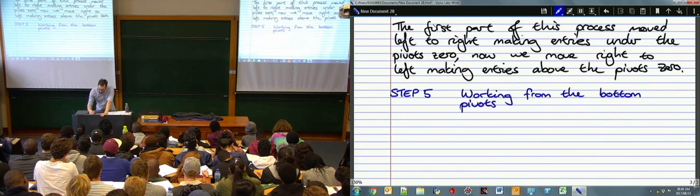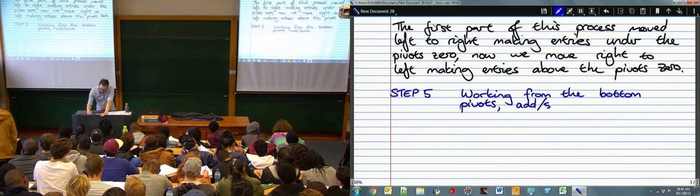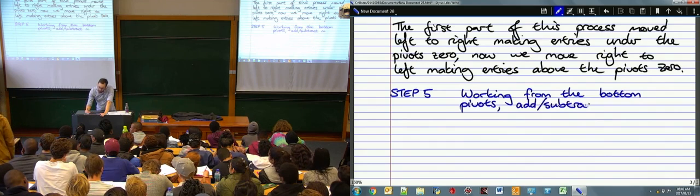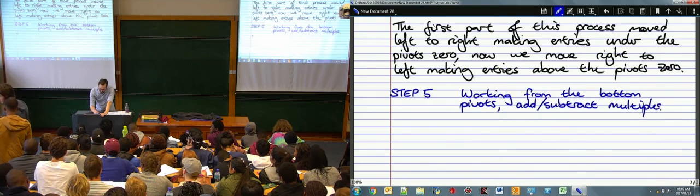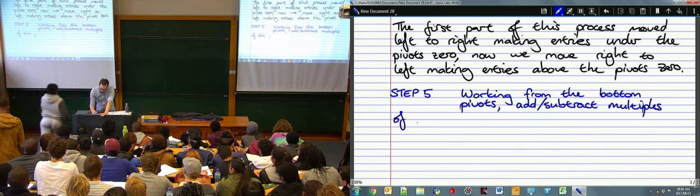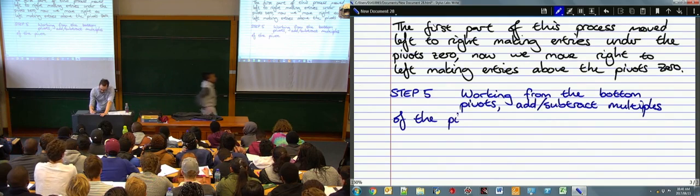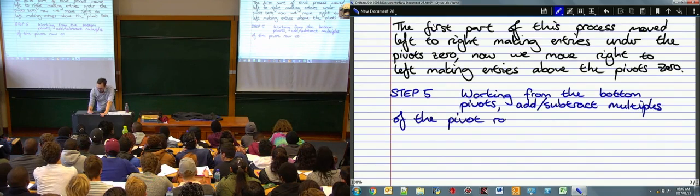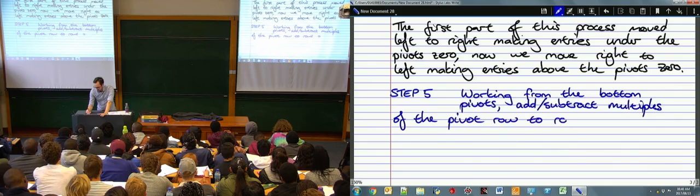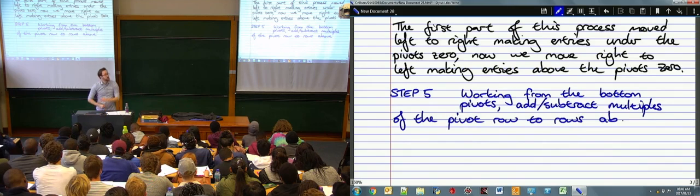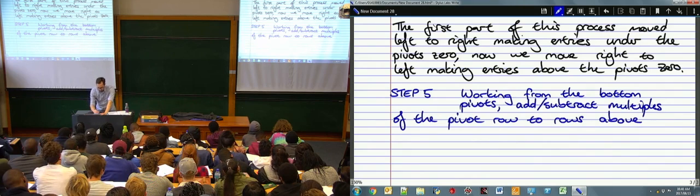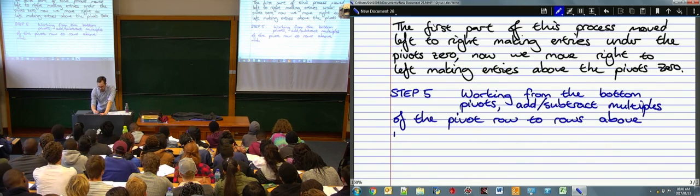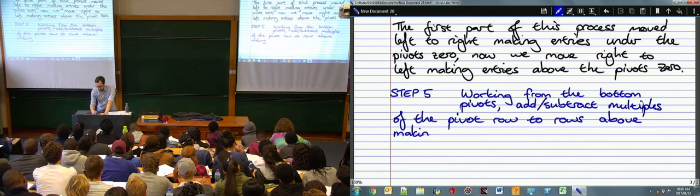You work from the bottom pivots, add or subtract multiples of the pivot row. We add or subtract multiples of the pivot row to the rows above, making the entries above the pivot 0.